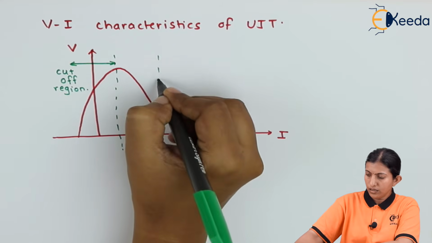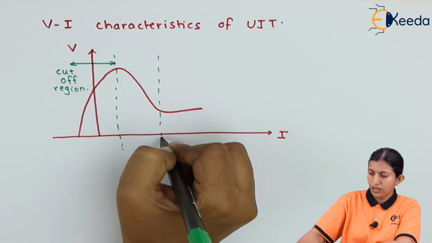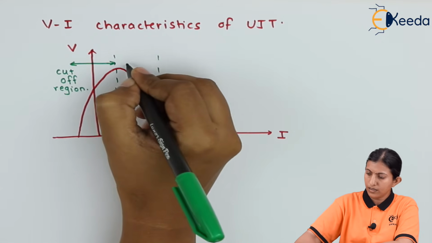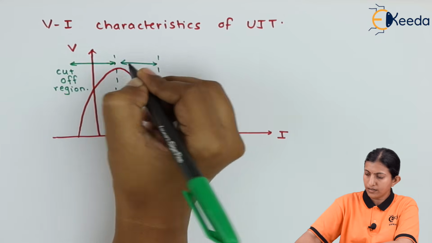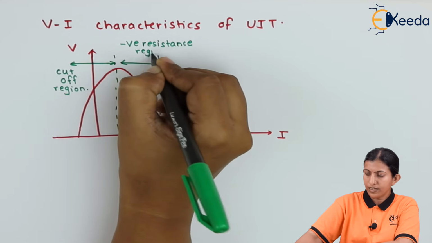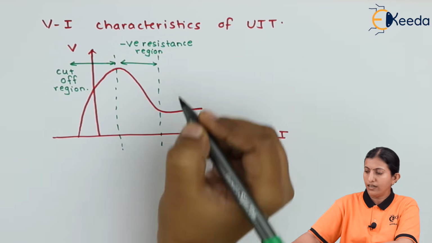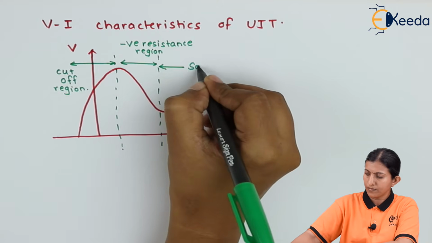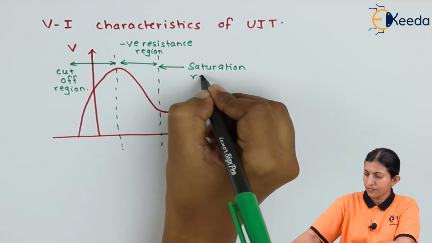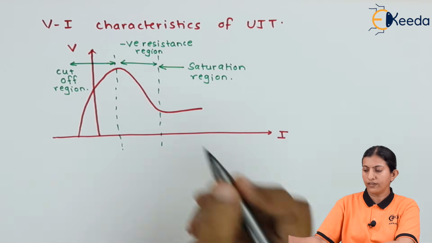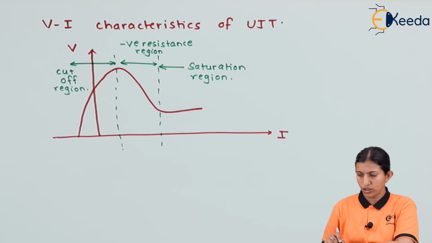Then the region in which the value of the voltage decreases is called the negative resistance region, and the region beyond this is called the saturation region. So this VI characteristic is divided into cutoff region, negative resistance region and saturation region.